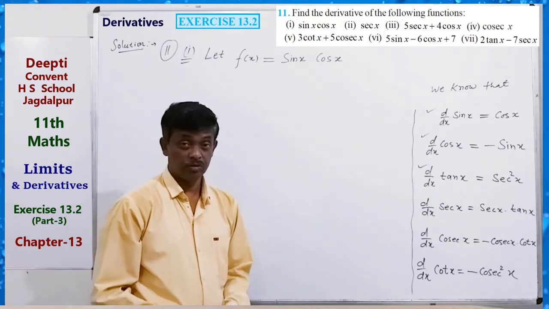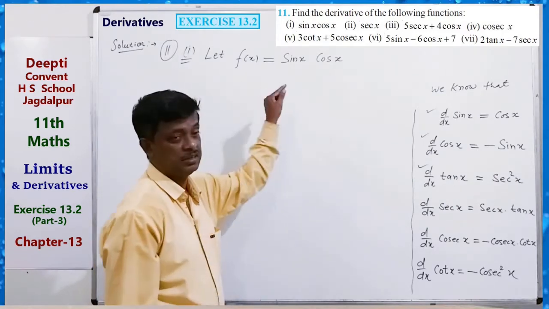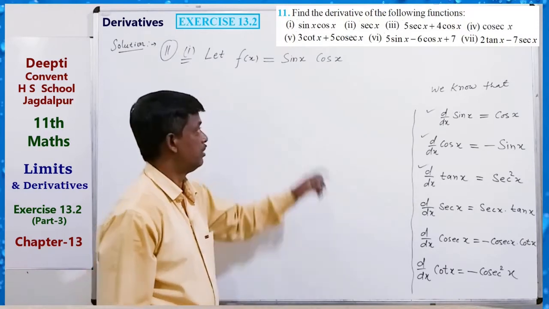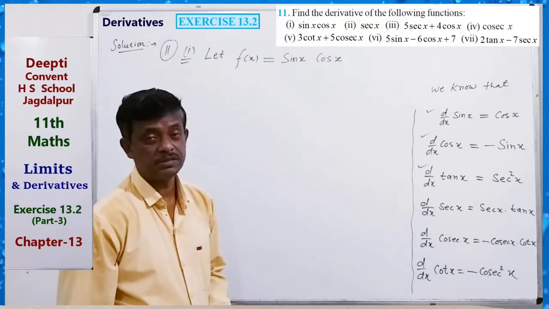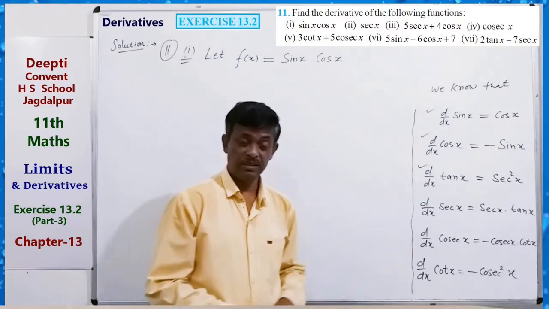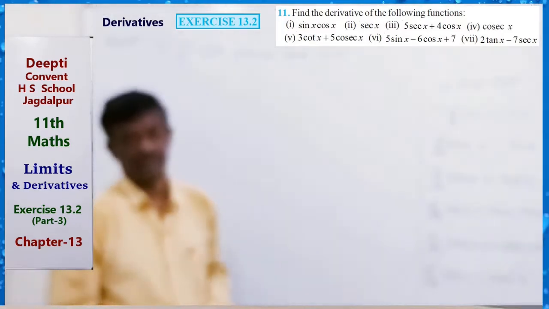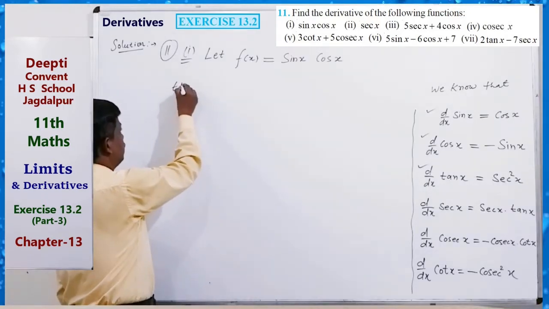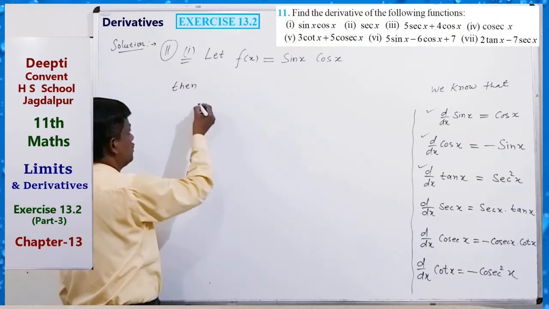If we don't know, then you have to find the derivatives of these two by using the first principle method, just for finding the derivative of this product.